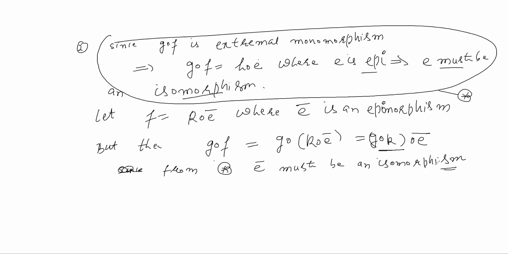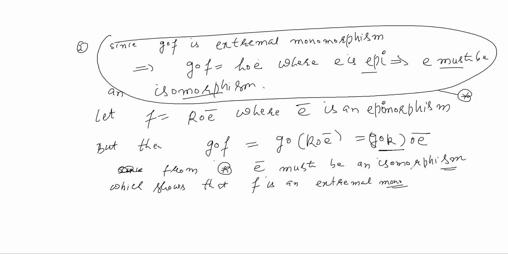So we are through, we have shown that F is an extremal monomorphism. Now the third part.